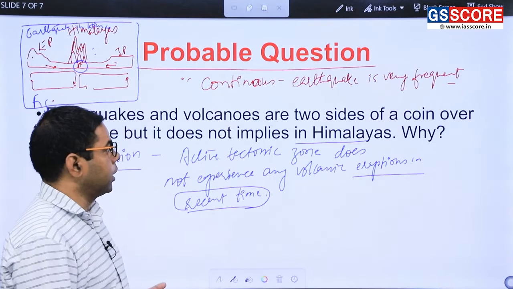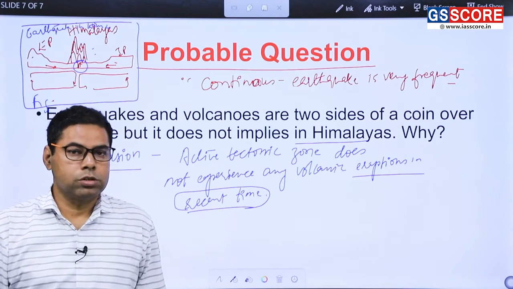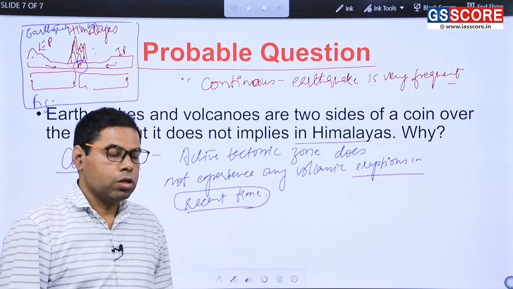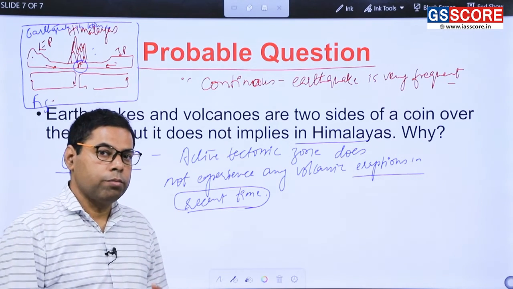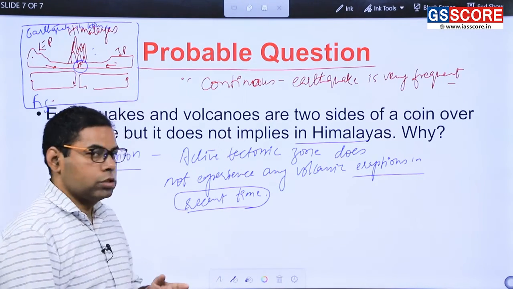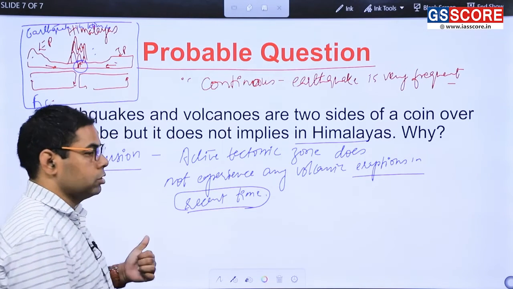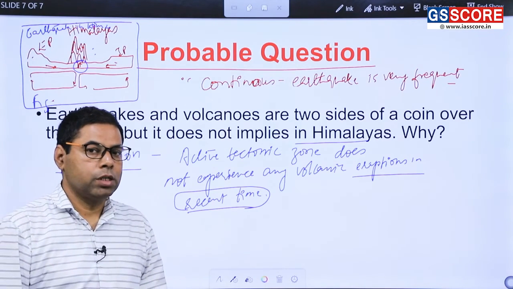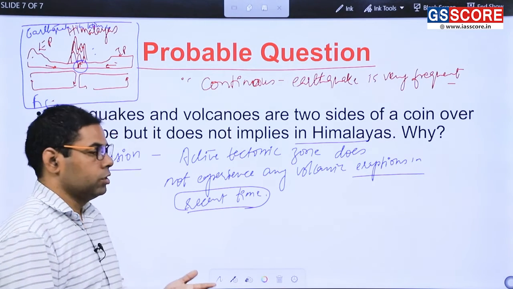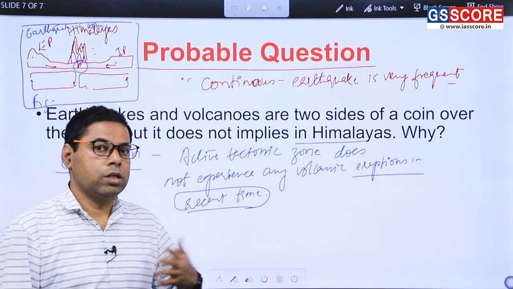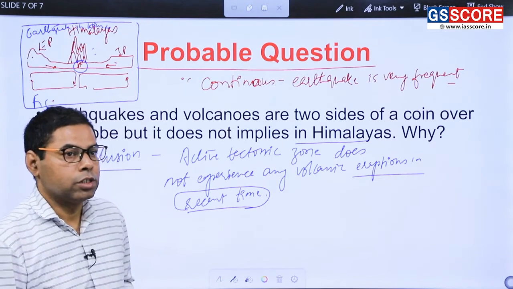We will continue that type of discussion on the basis of questions and probable questions, and then framing the answer. How can we frame the answer? I would say again that you must incorporate diagrams and maps in the answer, because definitely it will give you an edge in getting marks in comparison to the average answer.